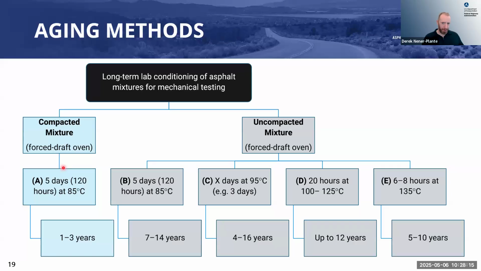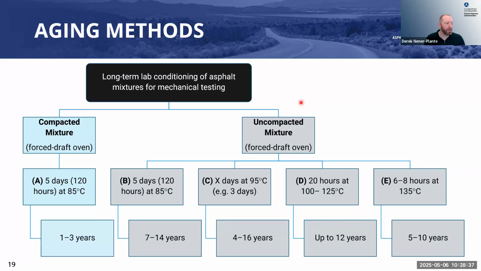Our roadways experience different amounts of aging in the field as well. Most are looking at uncompacted mixtures for aging. Most agencies that we talk to are looking at conditioning the mix itself rather than doing the specimen. But we'll show examples in a second.